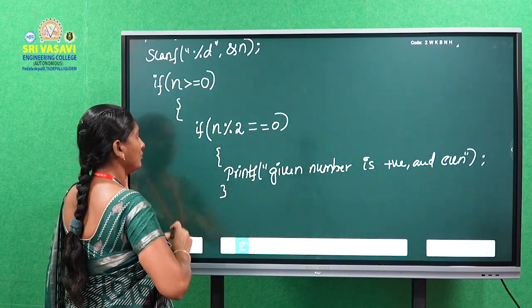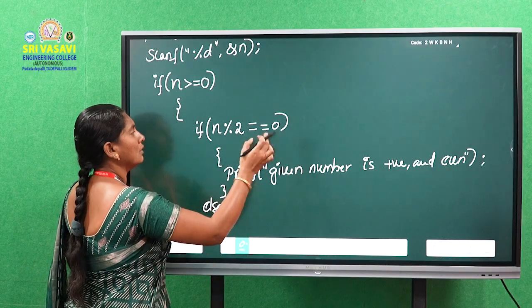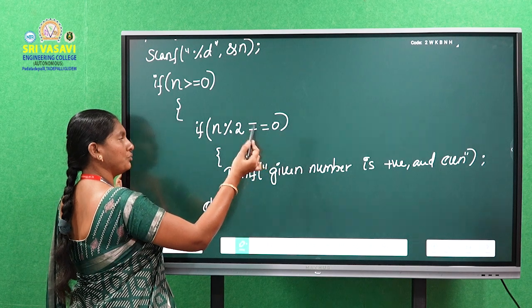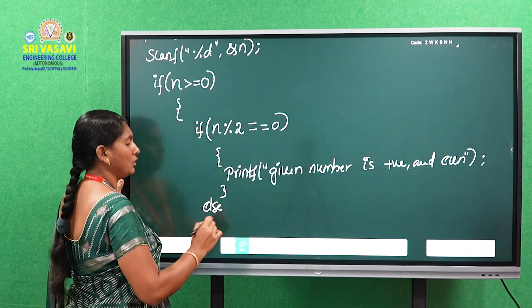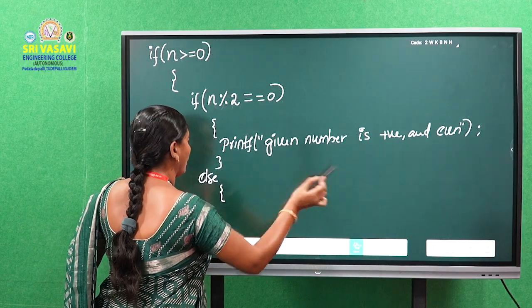Suppose this condition fails, that means the even or odd condition fails. If n remainder 2 equal to 0 failed, it means it is not equal to 0. That means the number is an odd number.